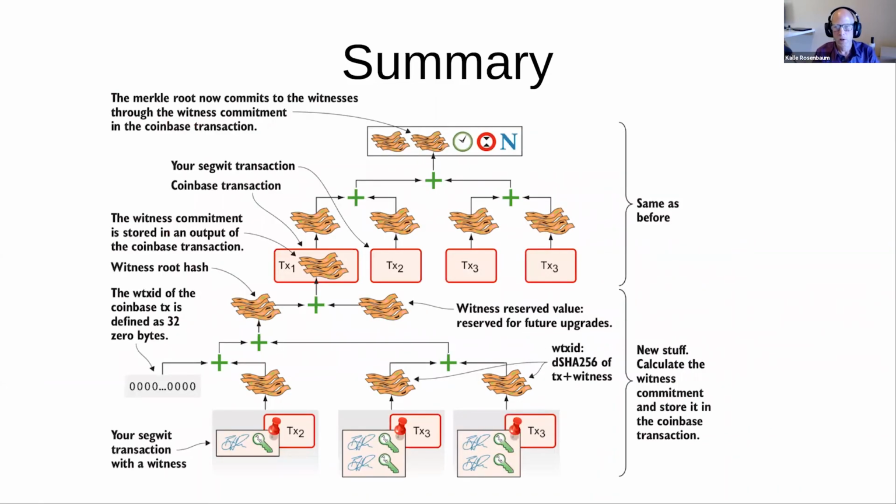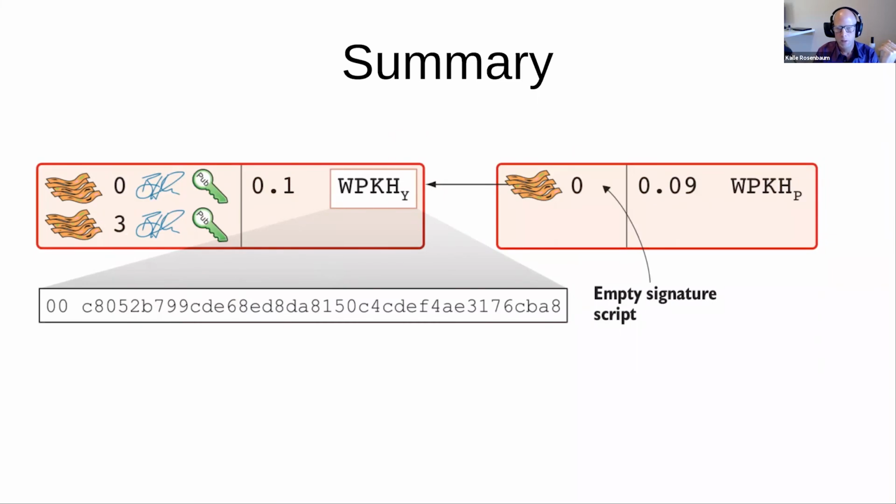And the blocks are organized just as before for the base block, and we add the commitment to the signature data to an output in the Coinbase transaction. We commit to the witness transactions in an output of the Coinbase transaction like this.